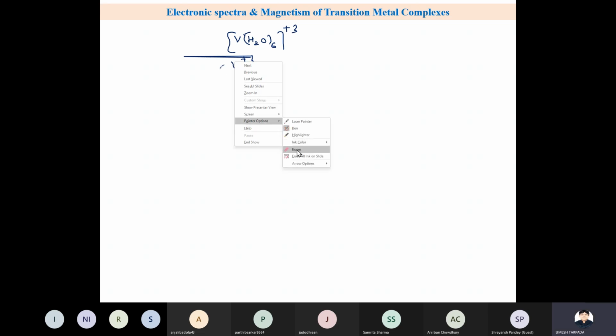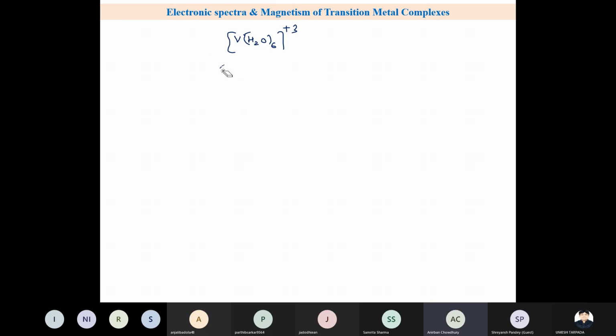Vanadium's atomic number is 23. So its configuration is argon 4s2 3d3. If you remove 3 electrons, it becomes 4s0 3d2. It is a d2 configuration.